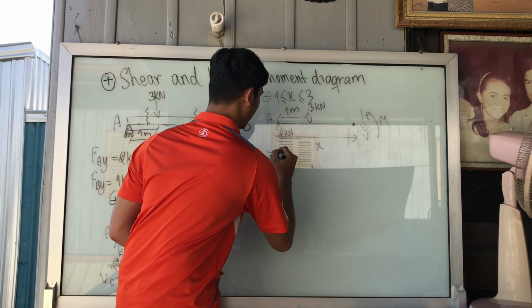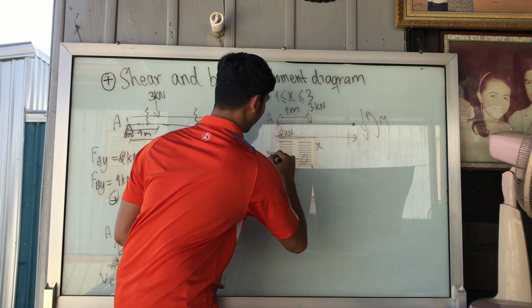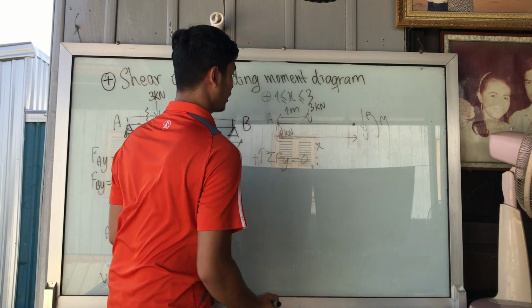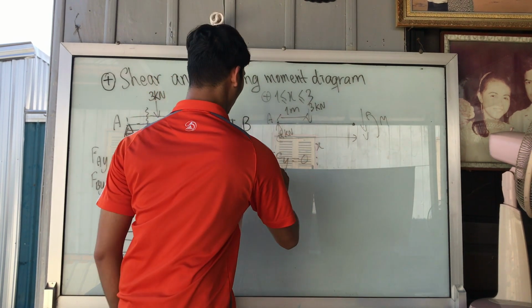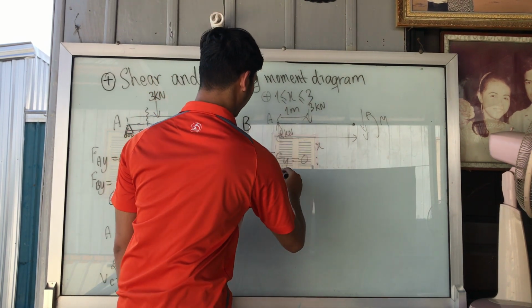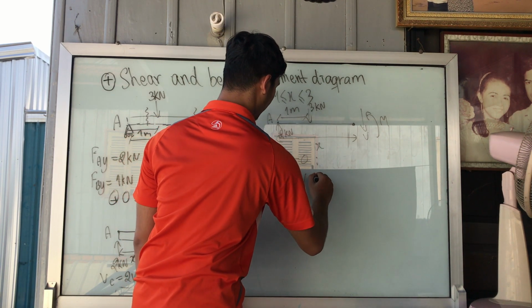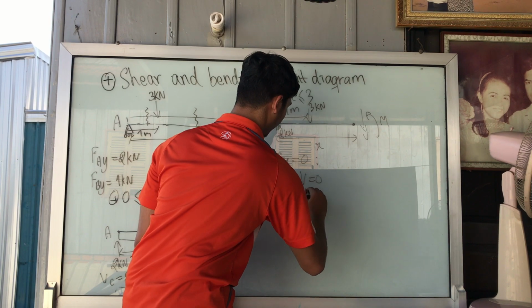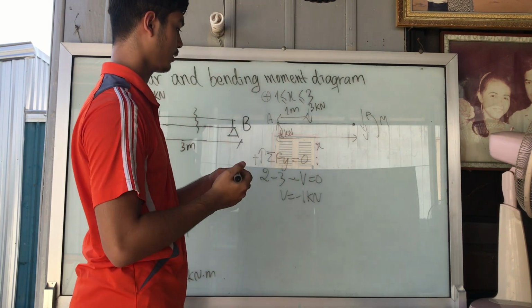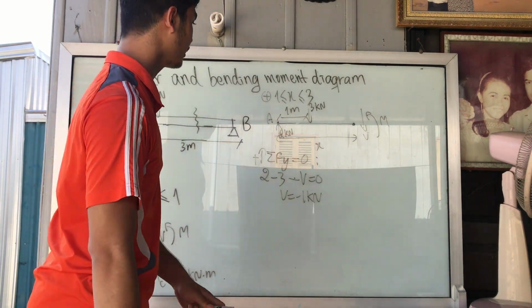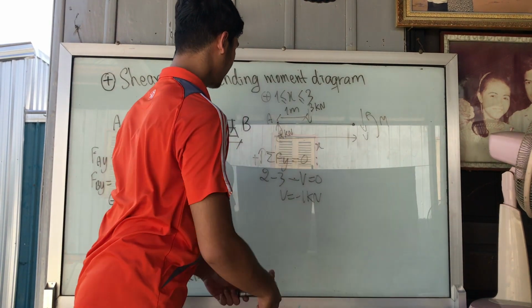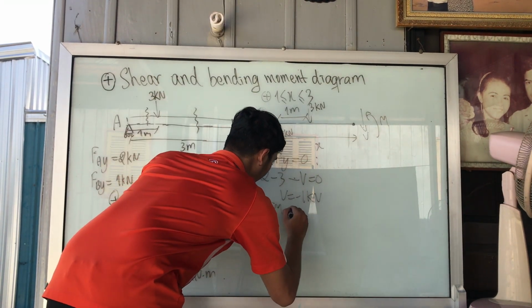Okay, so sigma Fy equal to 0, upward positive, we get 2 minus 3 minus V equal to 0, V equal to minus 1 kilonewton. And then find the moment, sigma M equal to 0.